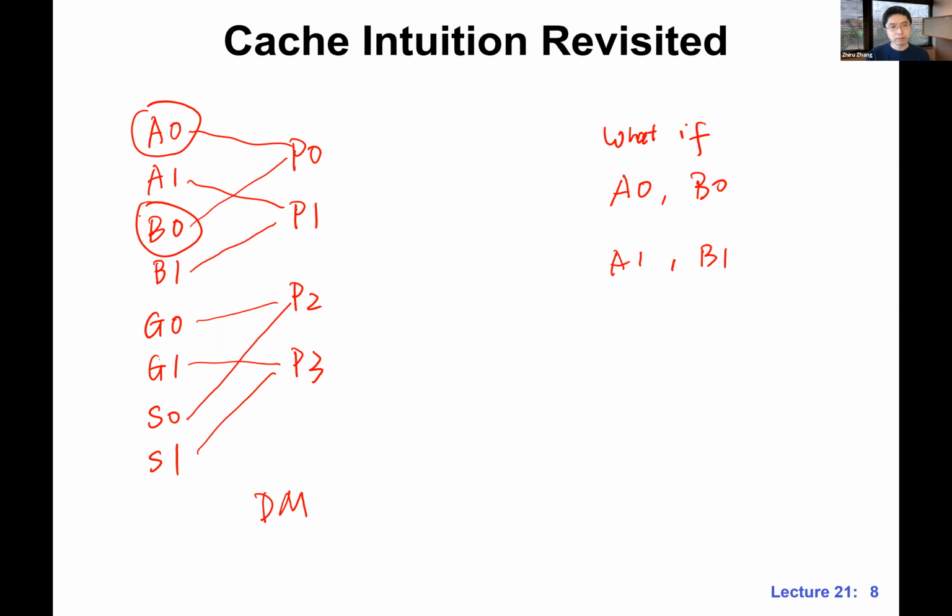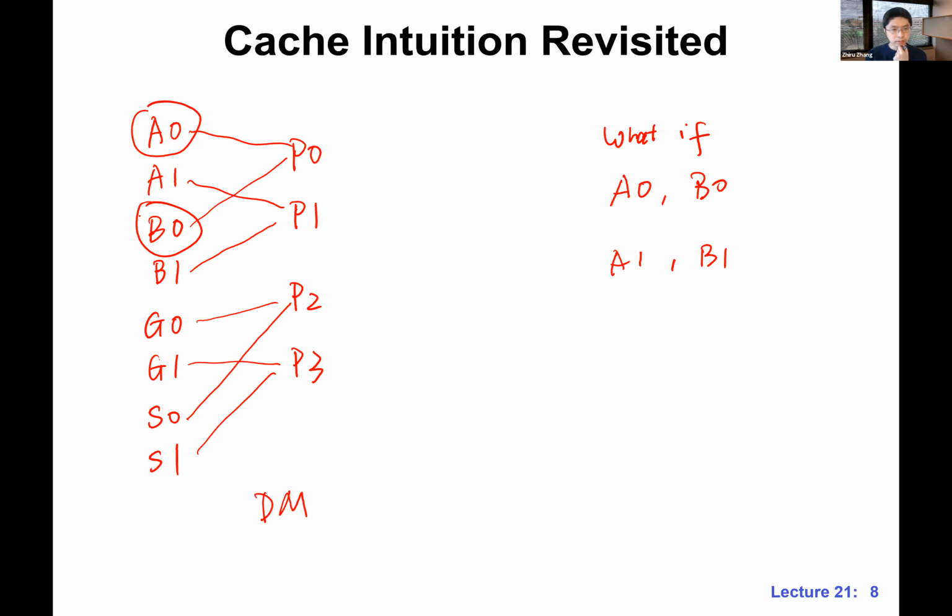That means he has to constantly juggle between these two, a constant switch, which is pretty inconvenient. This is something we're going to see later on, called a conflict miss. Basically, there will be a lot of misses in this cache system.